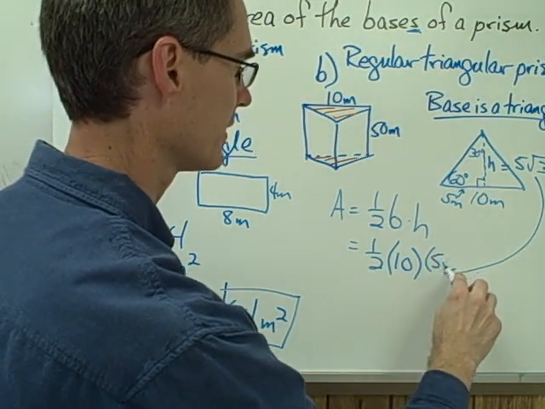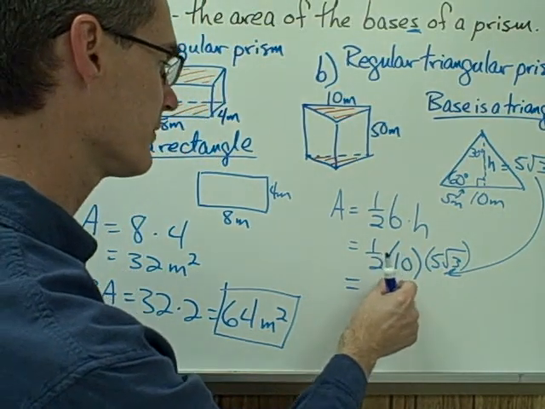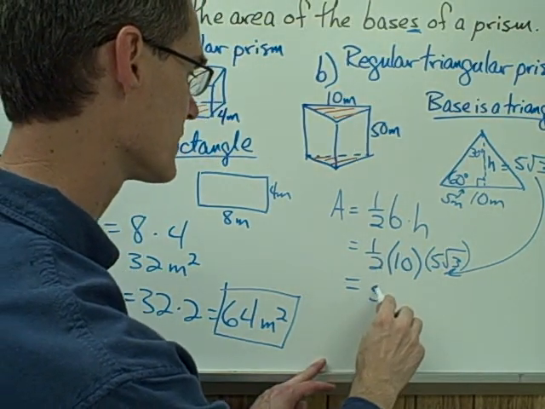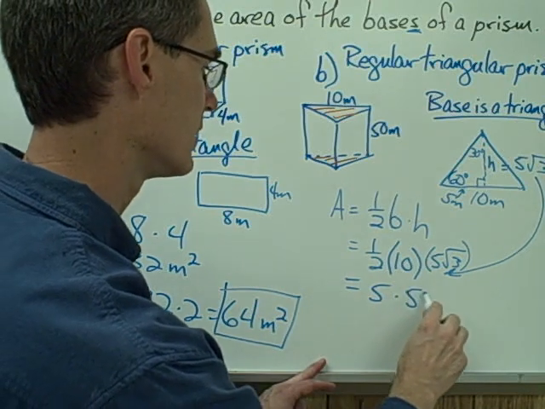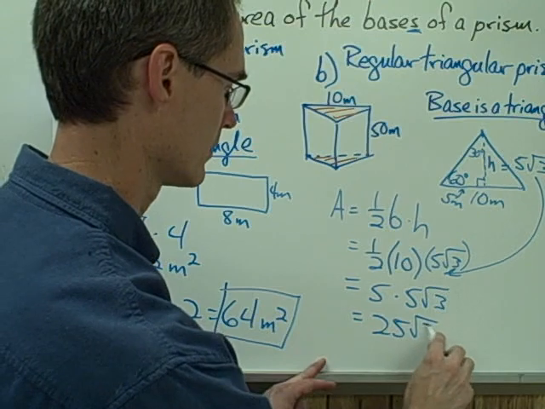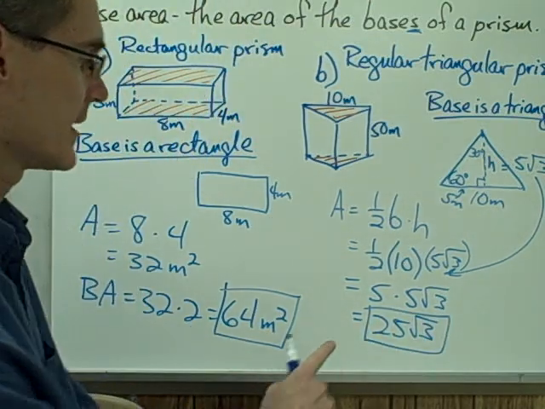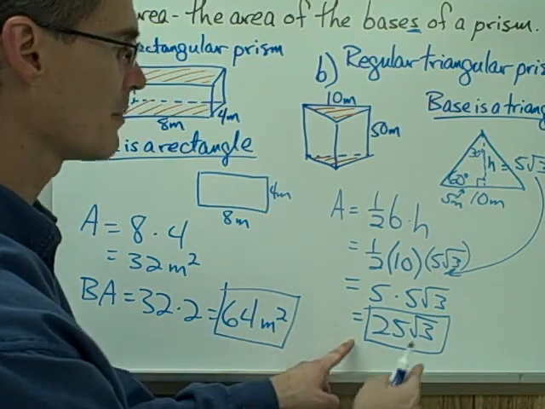My height is 5 radical 3. And I do 1/2 times 10. Let's see, 1/2 times 10 is 5. So that gives me 5 times 5 radical 3, which is 25 radical 3. Except, oops, I shouldn't have drawn my box around it.